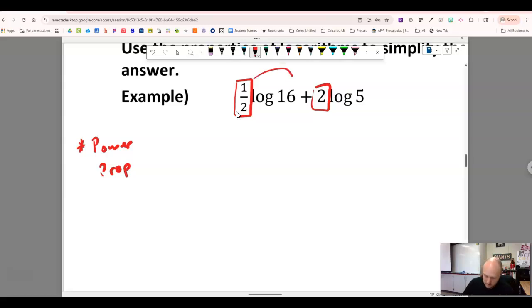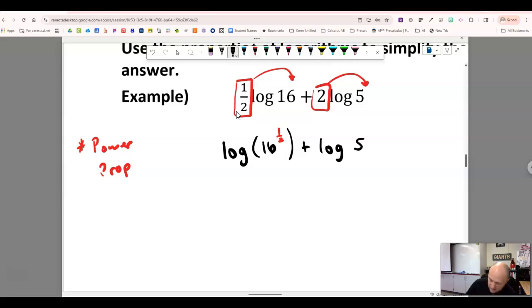I'm going to move them up into the exponent of my argument. So what this gives me is log of 16 to the power of 1/2 plus log of 5 to the power of 2. Okay? And I like to add parentheses just so I know exactly what's inside of the logarithm argument.